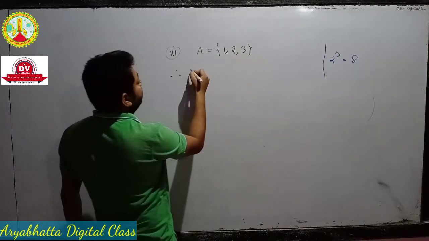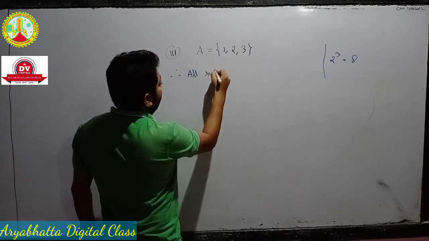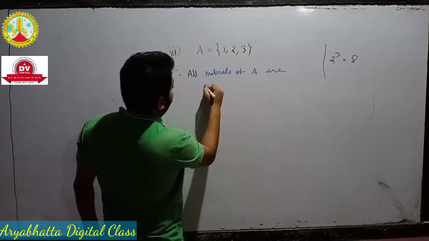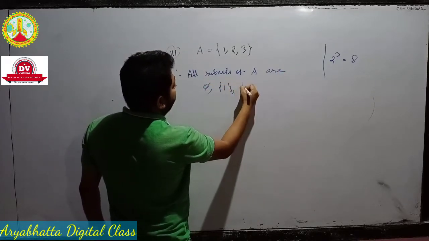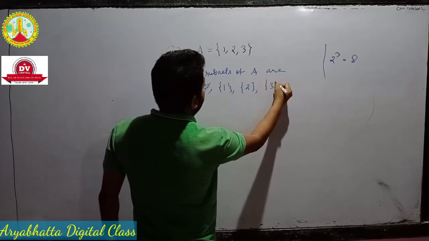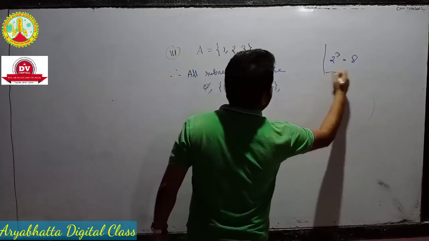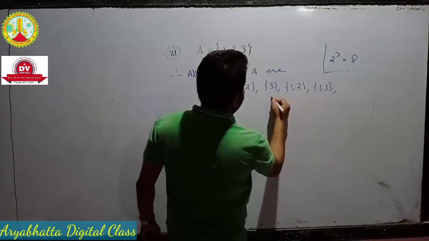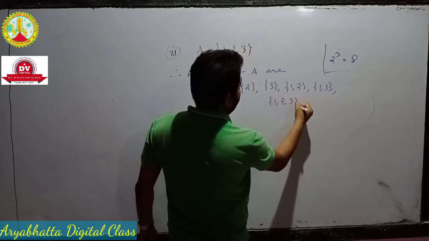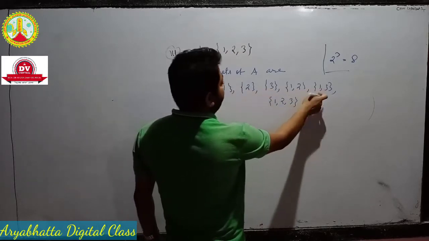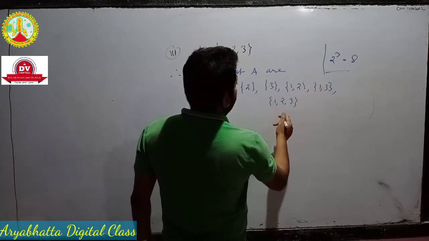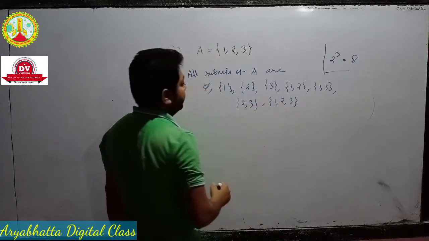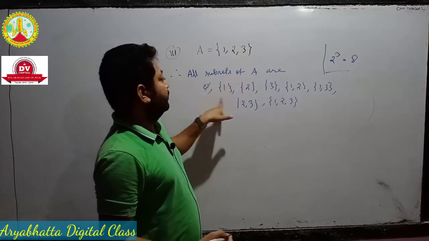Therefore, all subsets of set A are phi, {1}, {2}, {3}, {1, 2}, {1, 3}, {2, 3}, and {1, 2, 3}. These are all the subsets of set A.